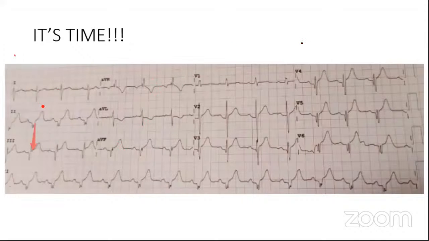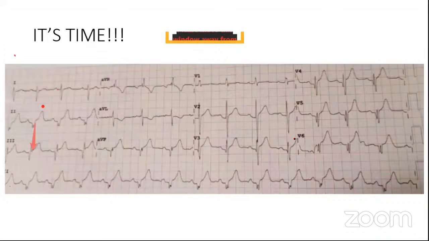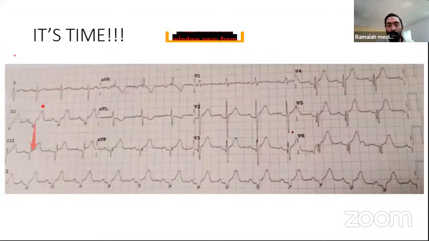Anyone wants to volunteer? You can just comment here and we'll unmute you. Anyone wants to volunteer to interpret this ECG? I'll do it with you. This is going to be a revision of whatever you have learned this entire 2 hours. Any volunteer?